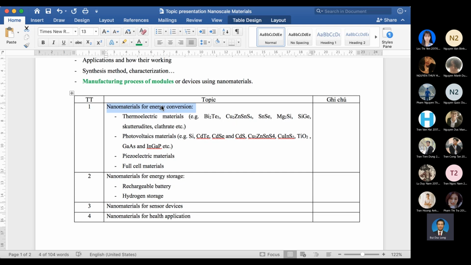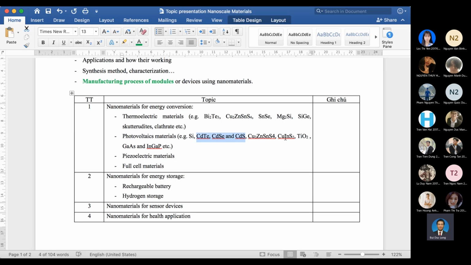The second one will be photovoltaic material. This is applied for solar cells. Here are some examples: silicon and so on.